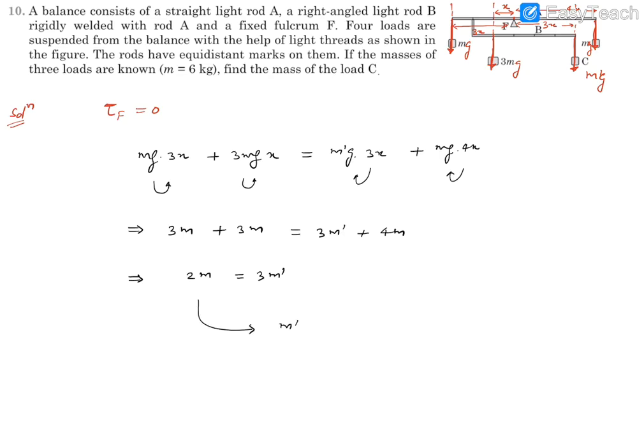So the unknown mass is basically 2m by 3. Do we know small m? Yes, it has been given as 6 kg. So the final answer can be written as 2 into 6 divided by 3. So that becomes 4 kg. Hence 4 kg will become our answer. So that's our final answer.